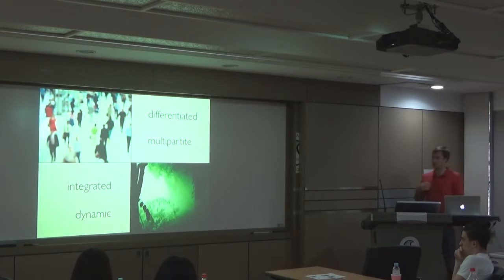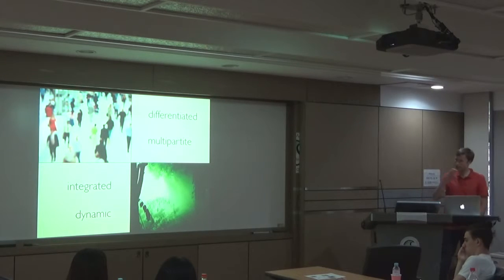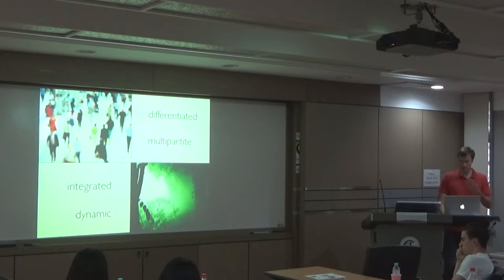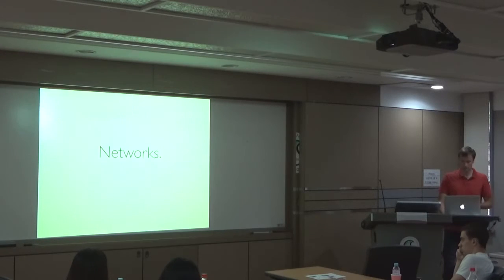This is all based on systems that have similar properties. These systems are differentiated, which just means the nodes are all different. They're individuals. They're multi-partite. They have modules. They're integrated. The effect of one node can have another effect down the line. And they're incredibly dynamic, and they move from one time period to the next.